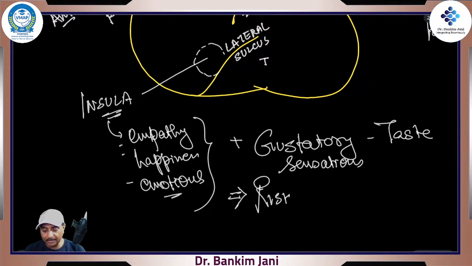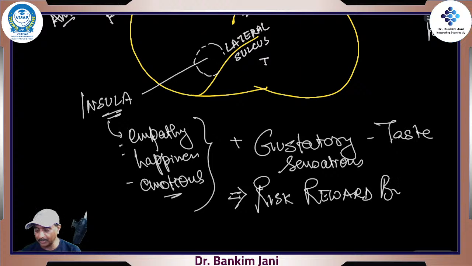Then your risk-reward behavior. If we do something good and no one appreciates it, we feel like forgetting it, even if you are doing good. Risk is when you judge whether you should take a risk and then you try to do it.